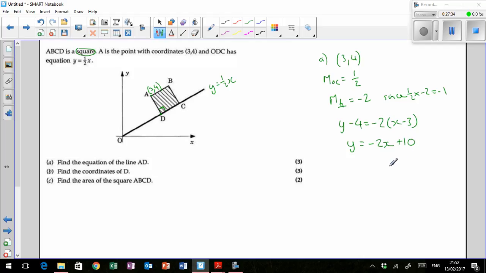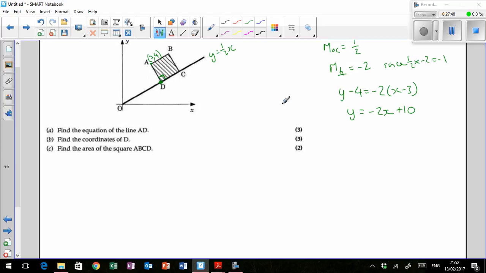Okay, find the coordinates of D. Now looking at where D is, the point that is on both lines there. Y equals half x and y equals -2x plus 10. So for part B, it's the point of intersection between those two lines. So half x is equal to -2x plus 10.